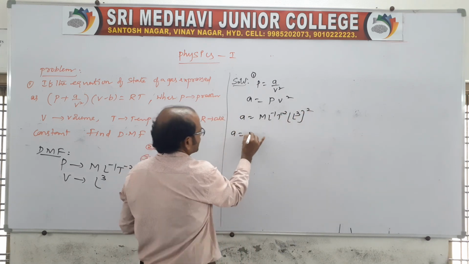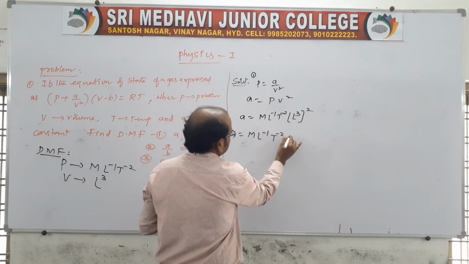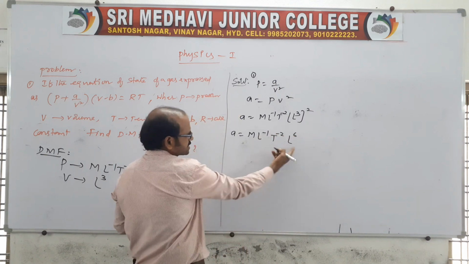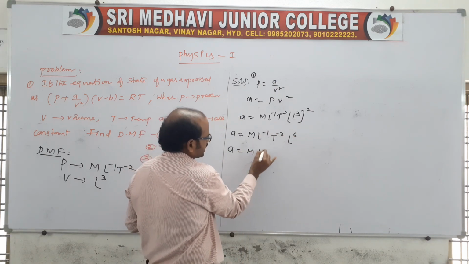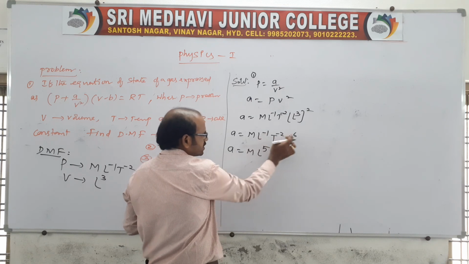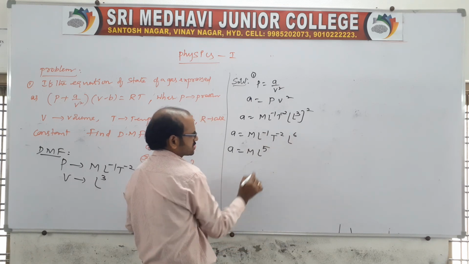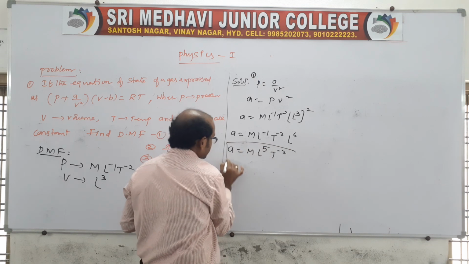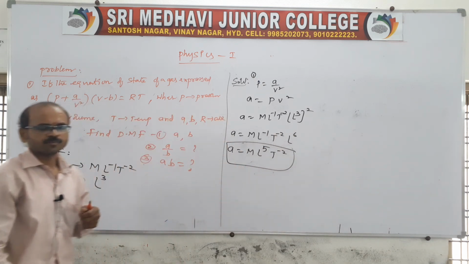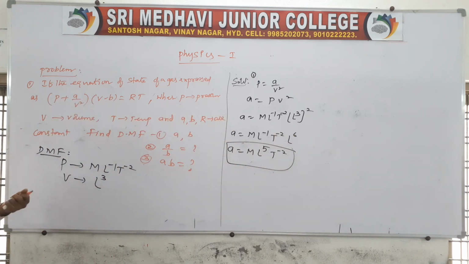So, it is M L inverse T power minus 2 L power 6. Bases are the same, so the powers are to be added: minus 1 plus 6. So, we will get plus 5, T power minus 2. This is the A dimensional formula. Is that clear? This is about the A dimensional formula.